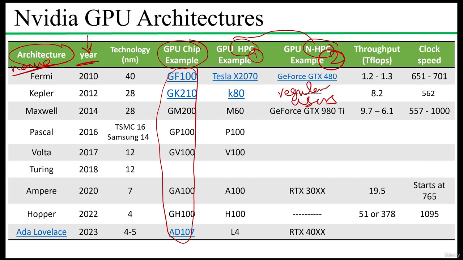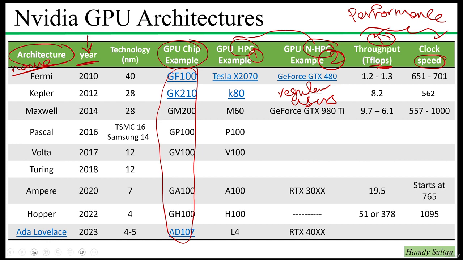Lastly, we have two additional columns dedicated to assessing the computational power or performance metrics of each architecture. In this table, I have selected only two key parameters for this comparison. The first one is the throughput, which calculates the number of floating point operations per second, and the second one is the clock speed.